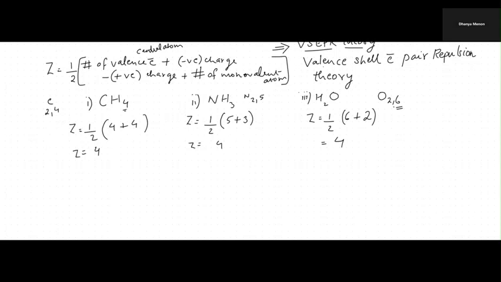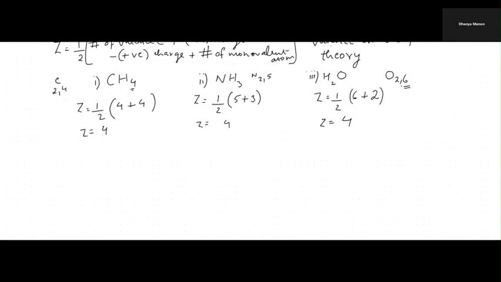All are the same. And we know if Z value is 4, the hybridization is sp3. It is sp3 hybridization for the geometry. I'm talking about the geometry, it is tetrahedral. Here the hybridization is sp3.